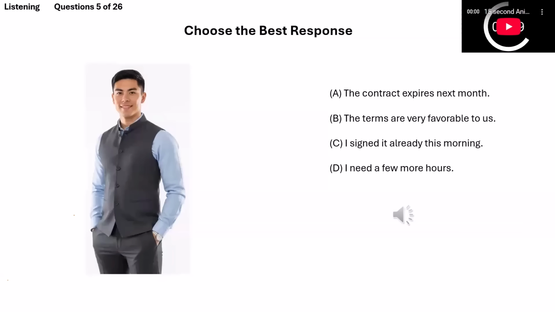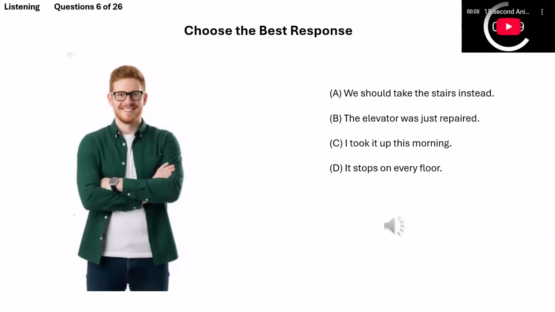Have you finished reviewing the contract? The elevator seems to be stuck.